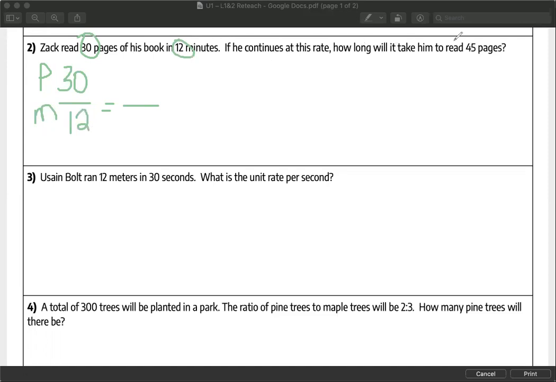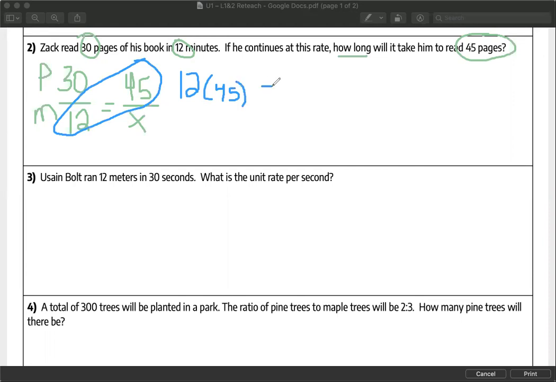If he continues at this rate, how long will it take him to read 45 pages? So that other number given to us is referring to the pages, and how long means we're solving for the minutes. So we can go ahead and solve our proportion. The diagonal that has 2 numbers in it is this one. We're going to multiply 12 times 45, which gives us 540.